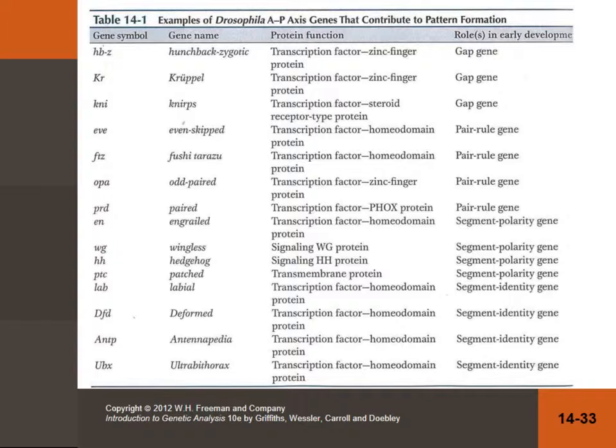In the next column, protein function is indicated, and you can see there that most of the proteins encoded by these genes are actually transcription factors, with a couple of signaling proteins in there. Their roles in early development are listed in the final column as either gap genes, pair rule genes, or segment polarity or segment identity genes.